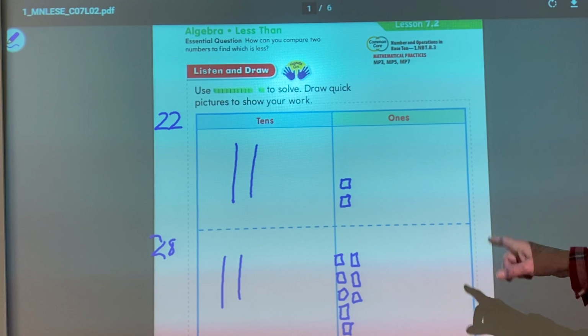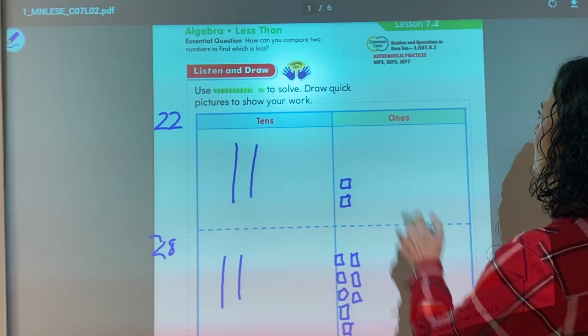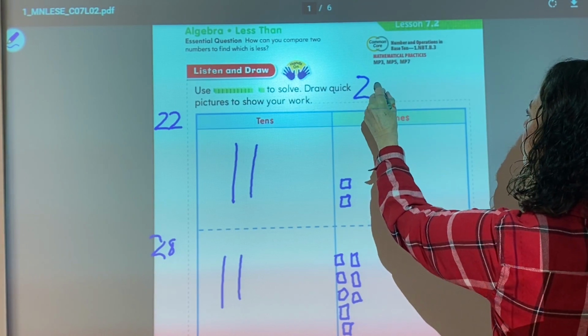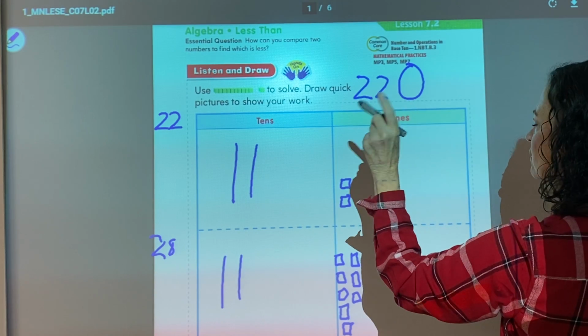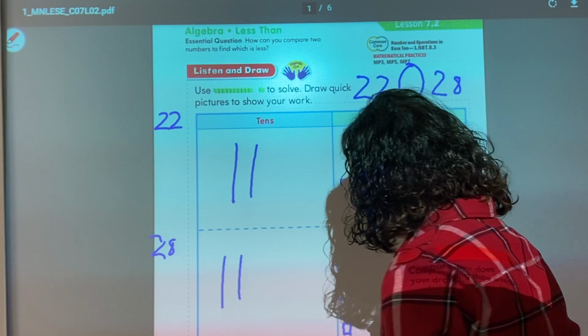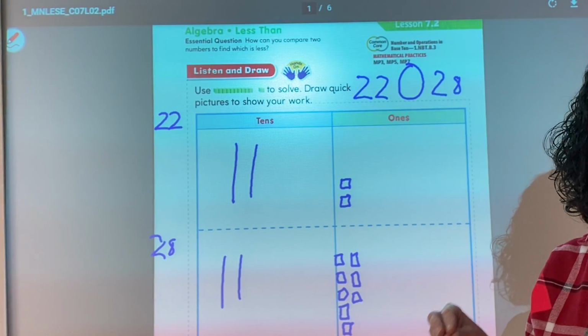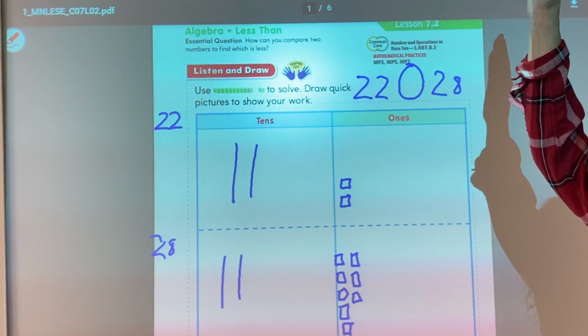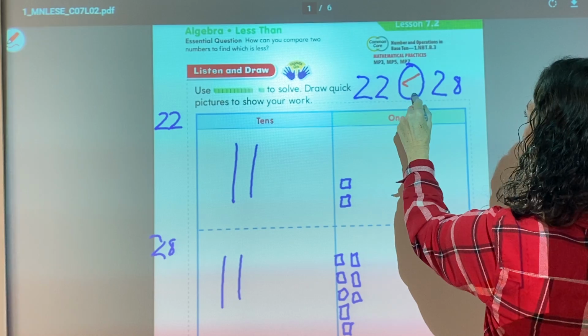So 8 is bigger than 2, so that tells me that 22 is less than, and I'm going to show you how to do that in the circle, 28. When I say less than, all you have to do, guys, is remember that the alligator mouth opens to the big number. 28's the bigger number, so you're just going to flip it around.